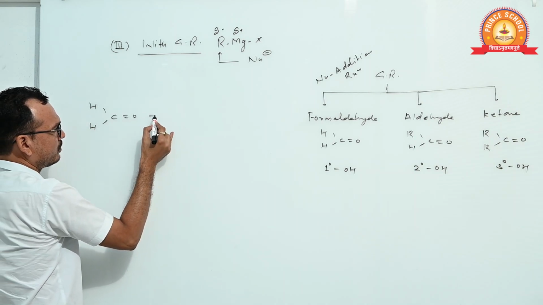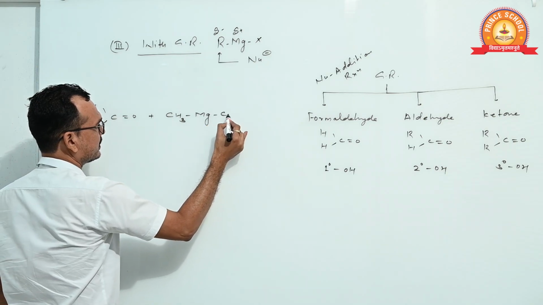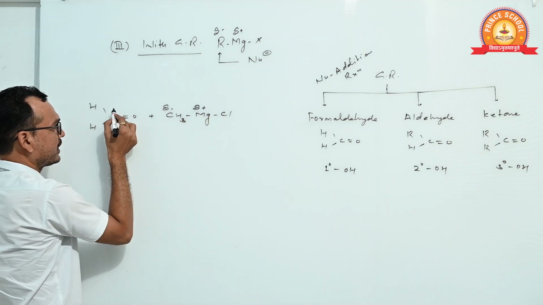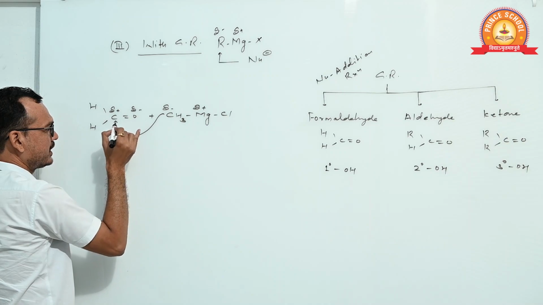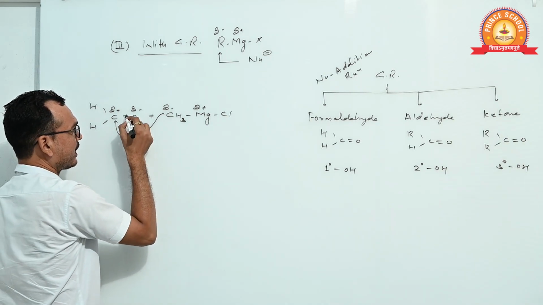HCHO, H–C double bond O, plus CH3MgCl. It is the nucleophile, with partial positive and partial negative charges. First is the nucleophilic addition reaction at the carbonyl carbon.